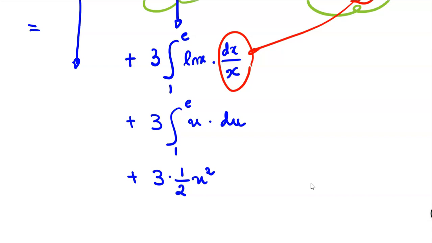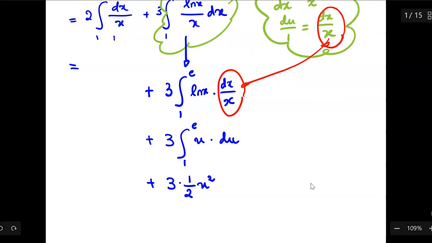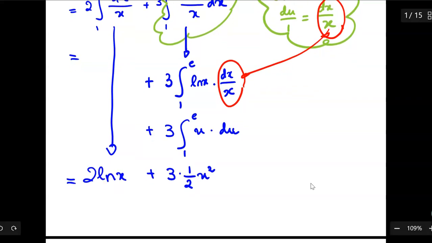Okay, so let me write down what I have for this integral. So this one, I should have 2 ln of x, and this one, I should have 3 times 1 over 2 of u squared.